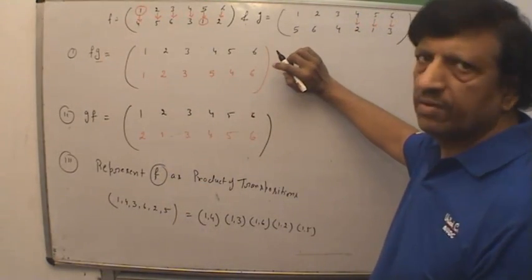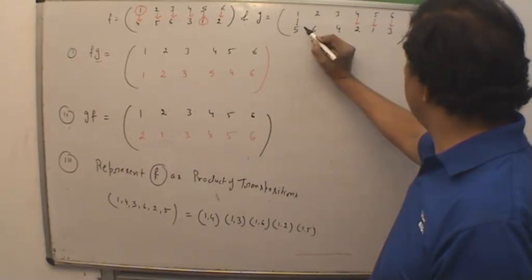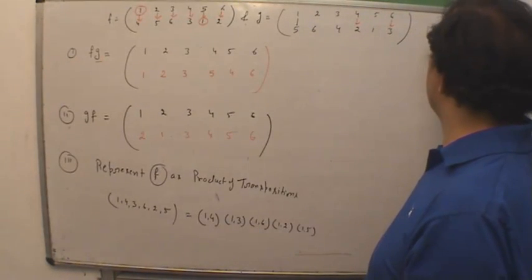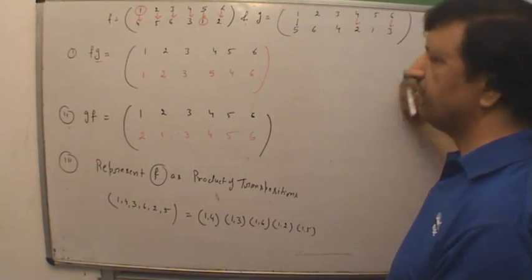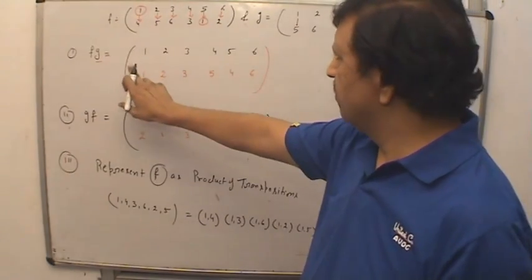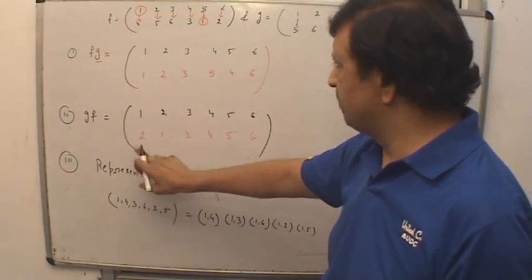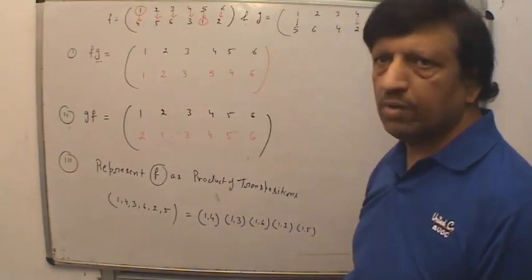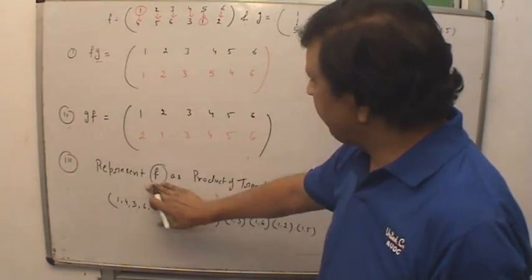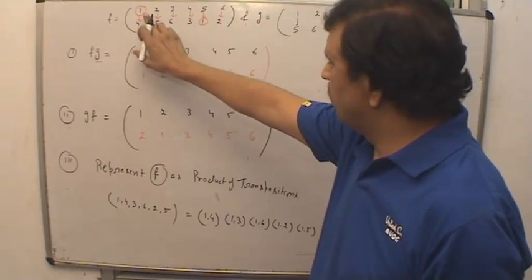Say in G, we see 1, 5, 5, 1. It is very small: (1 5), finish. In the other one, it finishes as 1, 2, 2, 1. So F has the largest cycle.